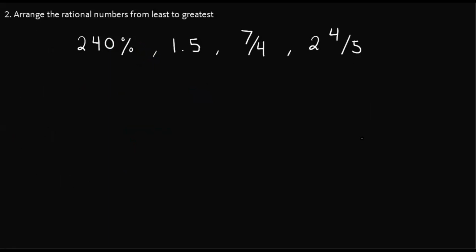We have to arrange the rational numbers from least to greatest. Now there are many ways that we can go on in answering this problem, but I would personally convert all of this into decimal. Simply because, as I have previously mentioned, we have fraction to decimal to percent, and the same for vice versa.